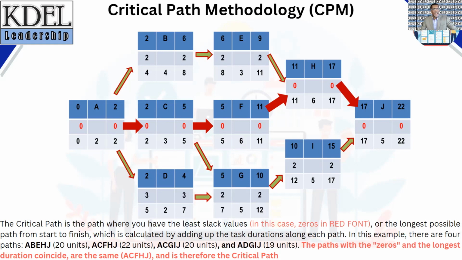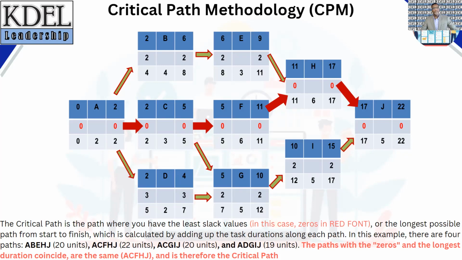Activities A, B, E, H, J, that path comes to 20 weeks. Activities A, C, F, H, J, this comes to 22 weeks. Activities A, C, G, I, J, which comes to 20 weeks. Activities A, D, G, I, J, which comes to 19 weeks.